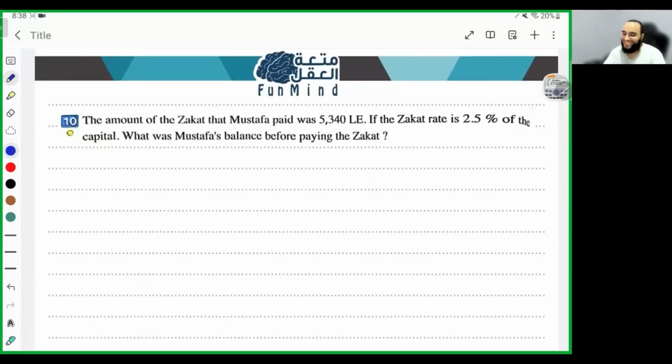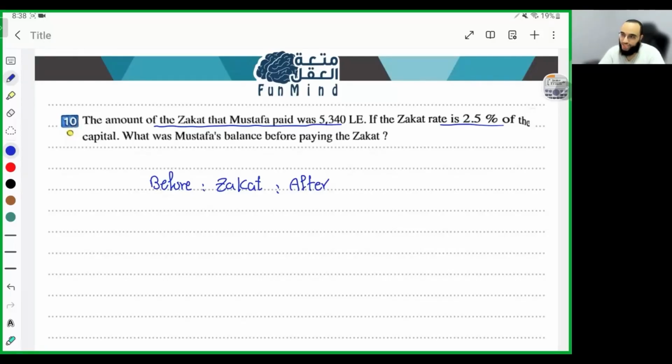Okay. The amount of zakah that Mustafa paid was 5,340 pounds. So this is the zakah itself, and the zakah rate is 2.5% of the capital. What was Mustafa's balance before paying the zakah? This is before, with a question mark, and this is the zakah, 2.5. After the zakah, is it increasing the money or decreasing it?